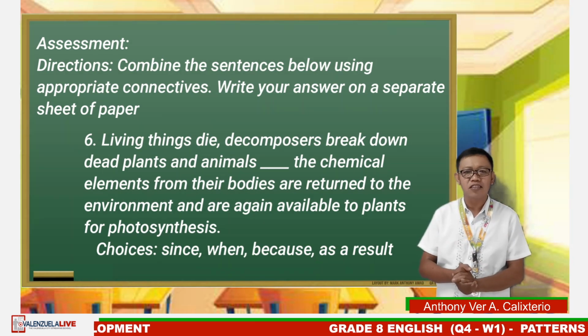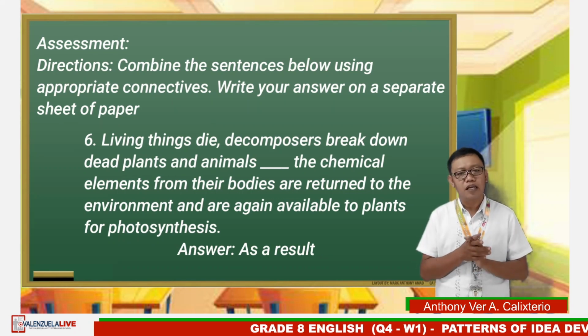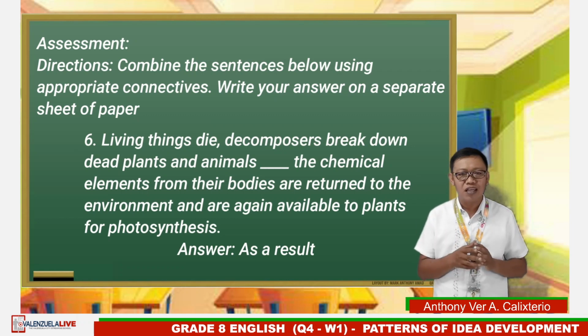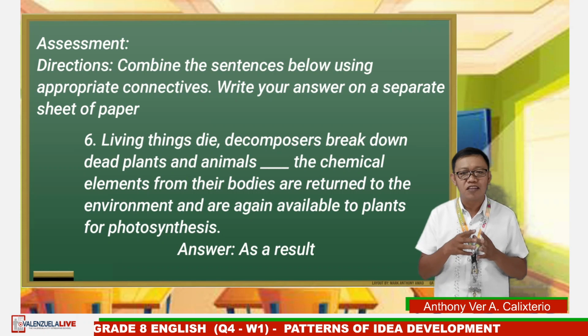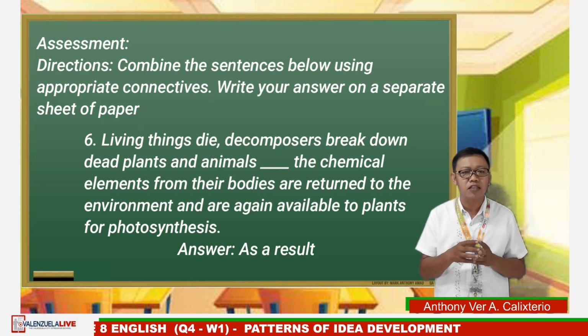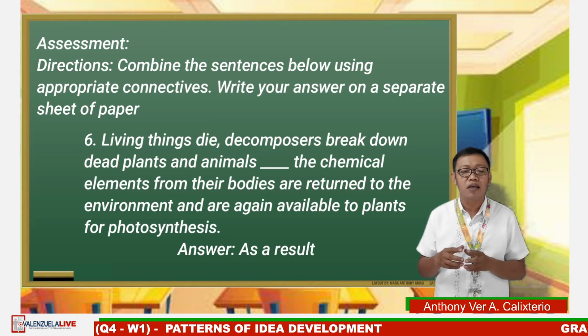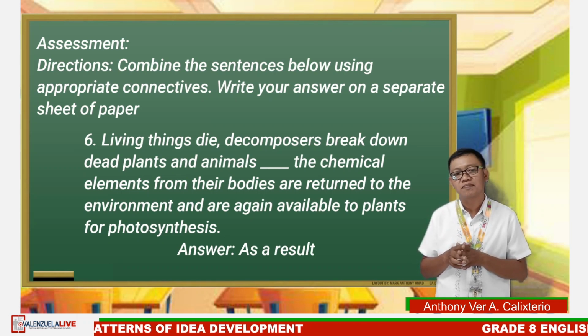The answer is the phrase as a result. And may I read? Living things die. Decomposers break down dead plants and animals, and as a result, the chemical elements from their bodies are returned to the environment and are again available to plants for photosynthesis.